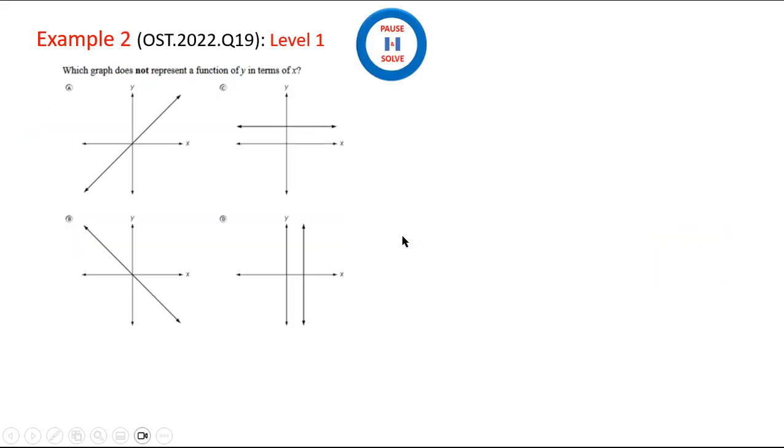Example number 2. Which graph does not represent a function of y in terms of x? So you notice here A and B and C are really the graphs of linear functions. Now, when you look at the words here, does not, you have to make sure you read it correctly. Does not represent a function.